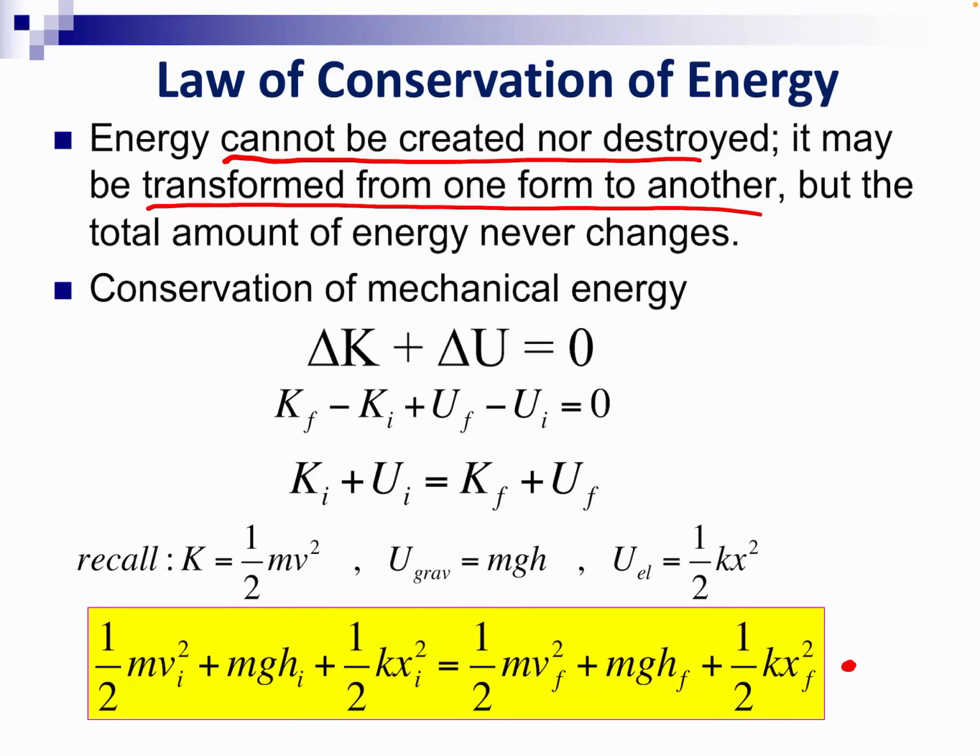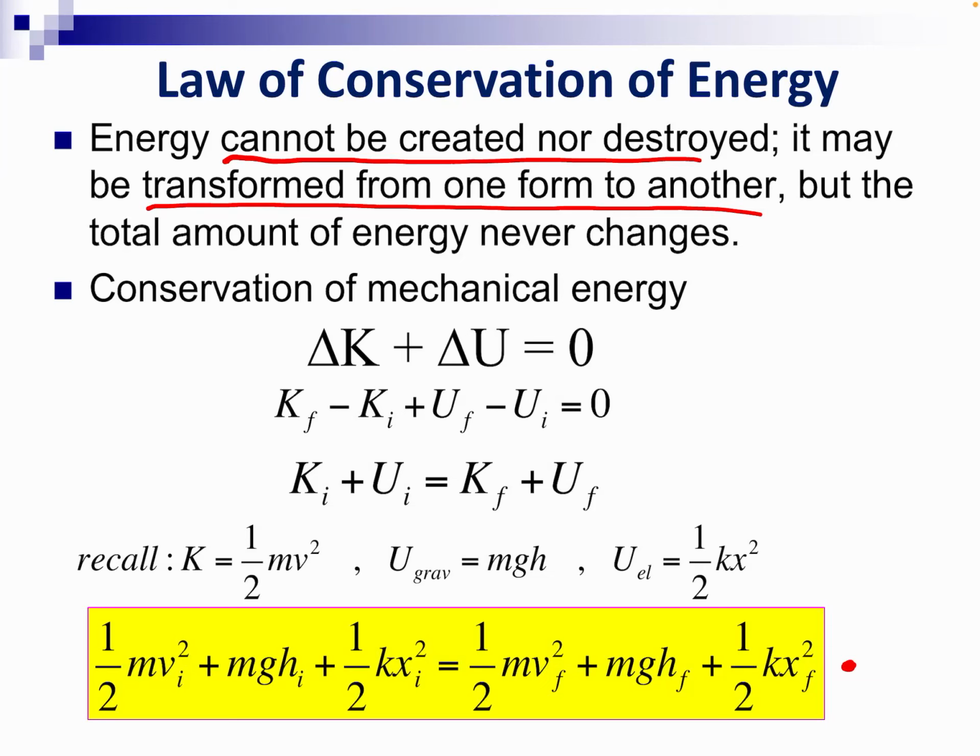We're not talking about vectors. We're just talking about speeds or initial and final positions. And this equation will allow us to calculate, for example, final speed or displacement or final position. And so we'll look at some examples later on, right?